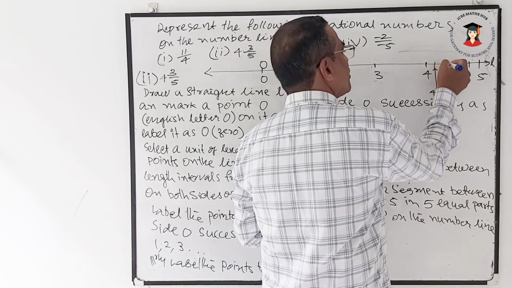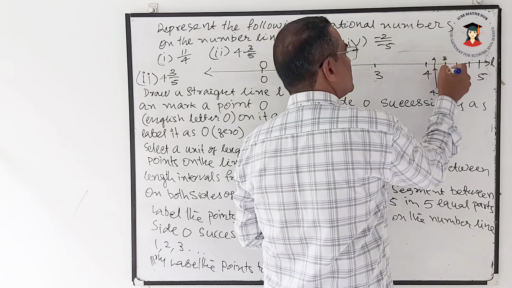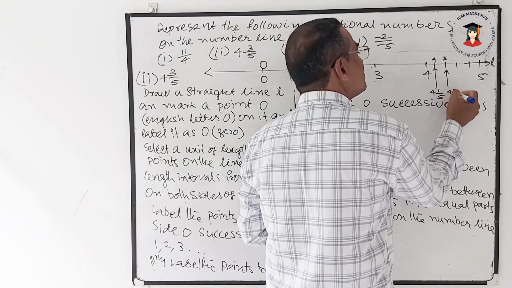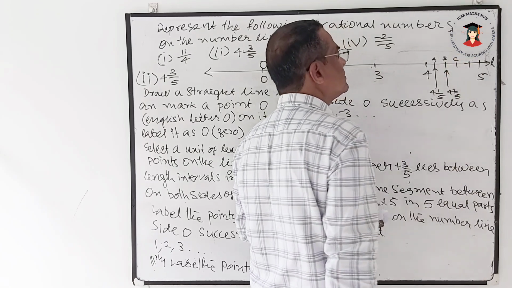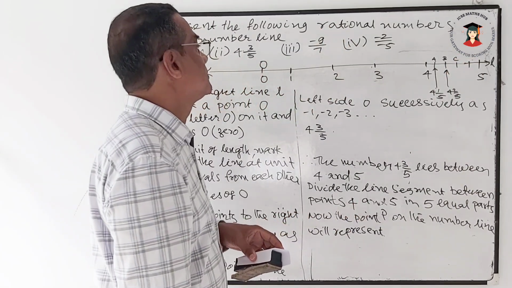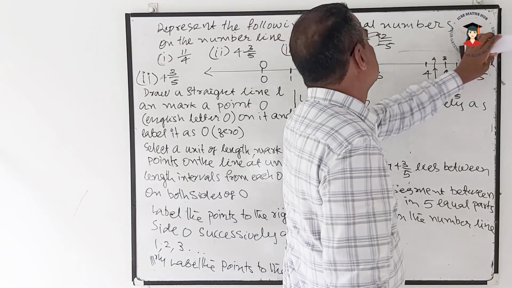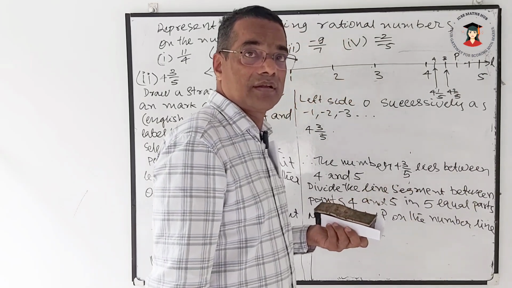The second point, say this point is A, say this point is B. Point B will represent 4 and 2 by 5. Let us mark this as P. The third point is the point that we require.